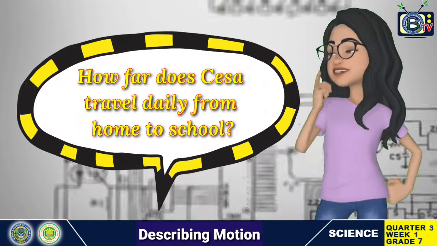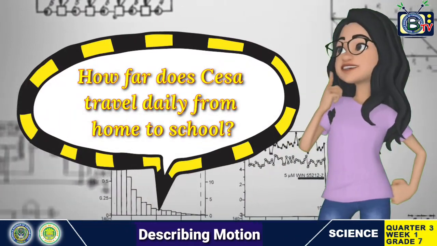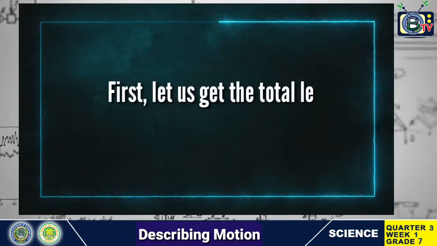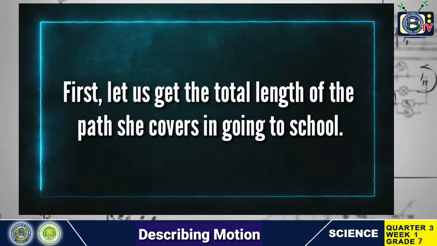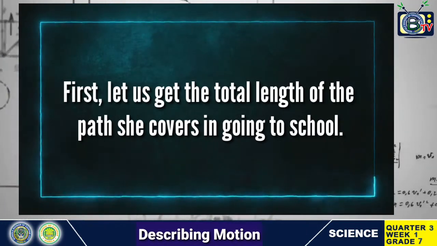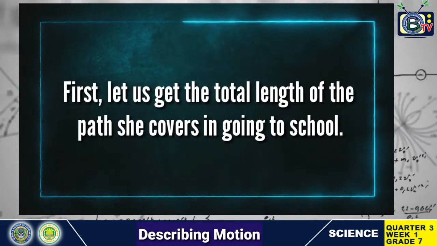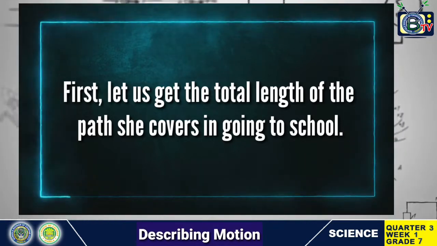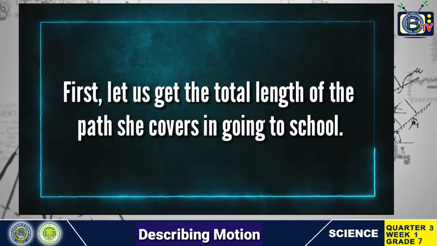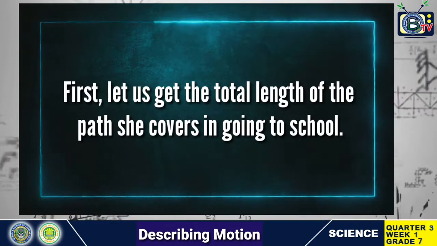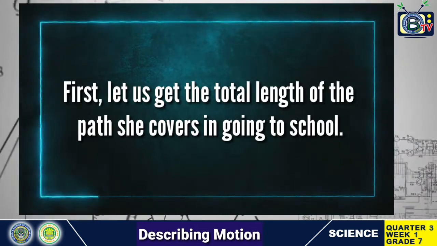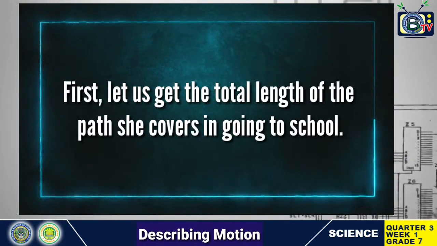How far does Cecily travel daily from home to school? First, let us get the total length of the path she covers in going to school. To understand it better, let's draw an illustration based on the given situation. You may also draw your own illustration in your notebook.